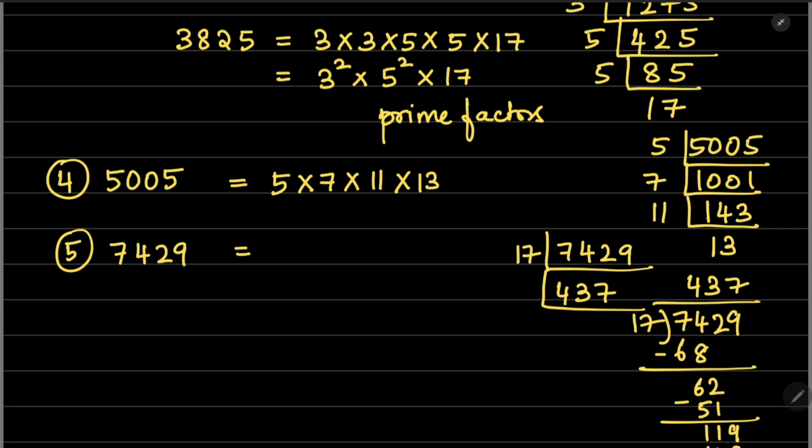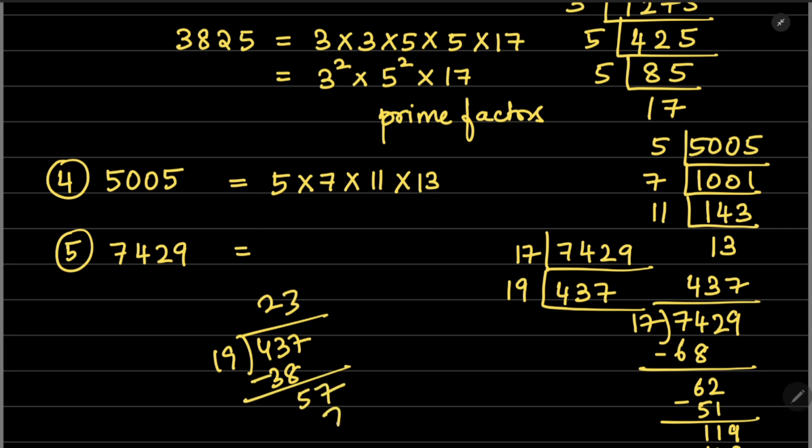Now again 437, you can divide it with 19. So 437 divided by 19. What would you get? So 19 into 2, 38. Again 57. Correct? So you have 3. 57. So it's again 23.